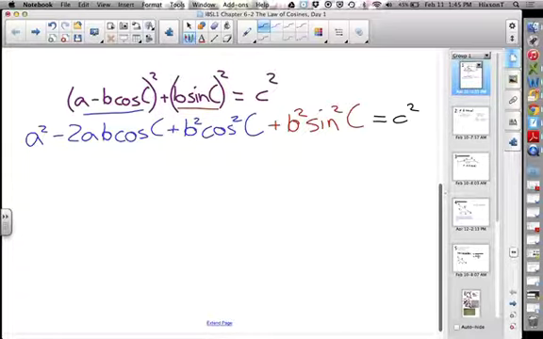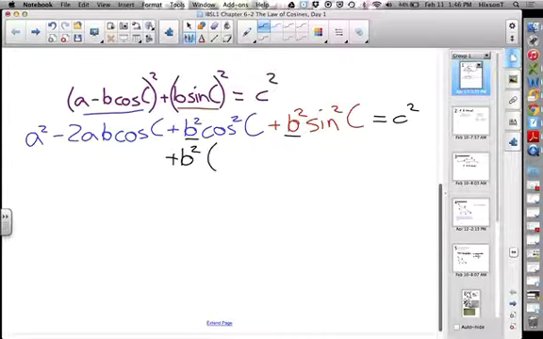Now, at this point, there's a couple ways you could go with this. Some of you plugged in a 1 minus cosine squared here. That's great. Okay. Personally, I usually will take this b squared and factor it out of those two terms.